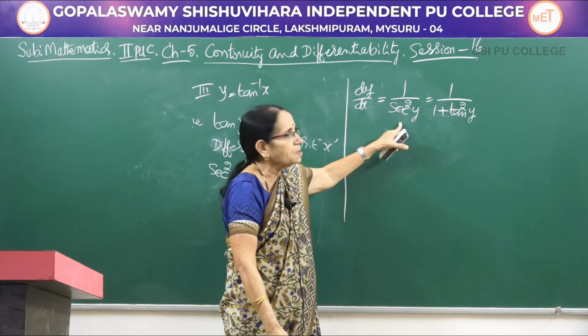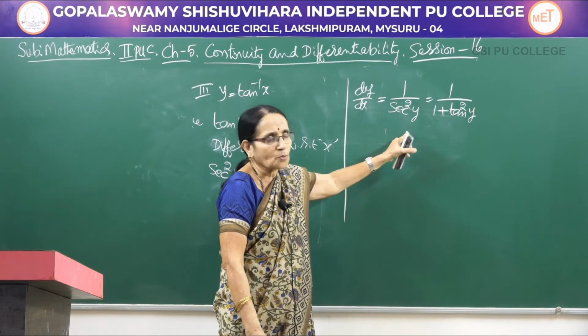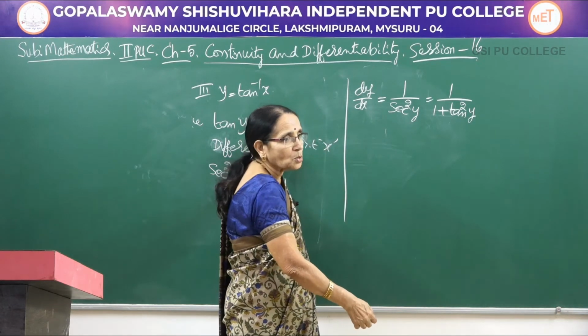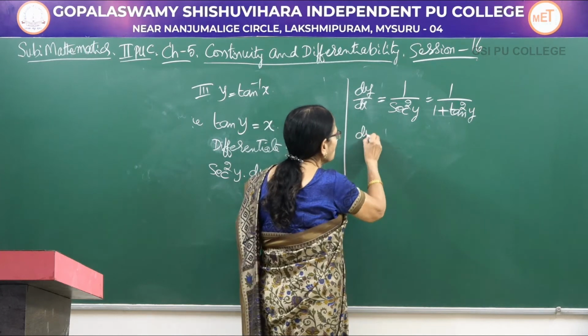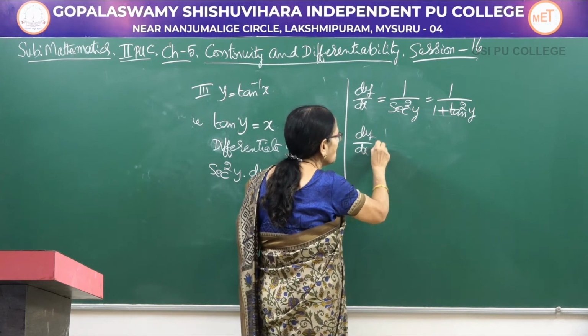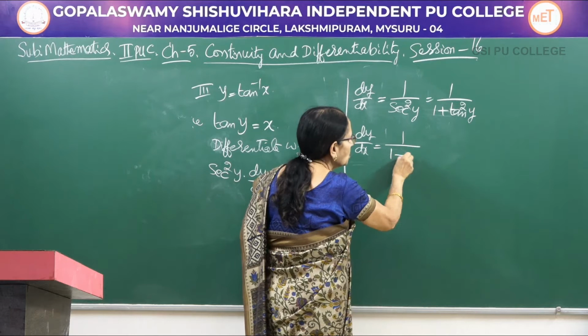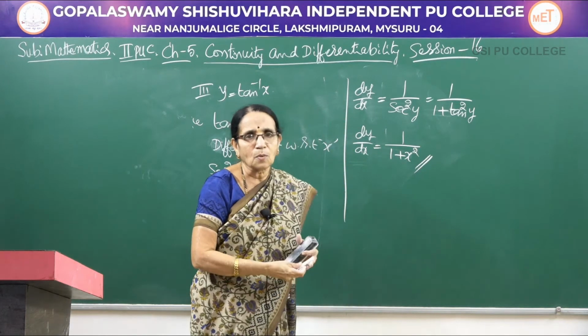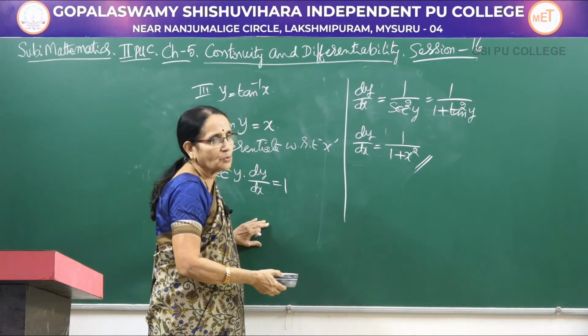Here we have the square term, so directly we can write secant square y as 1 plus tan square y. But what is tan y equal to? That is equal to x. Therefore the formula in this case becomes dy by dx equal to 1 over 1 plus x square. So this is the derivative of the tan inverse function.